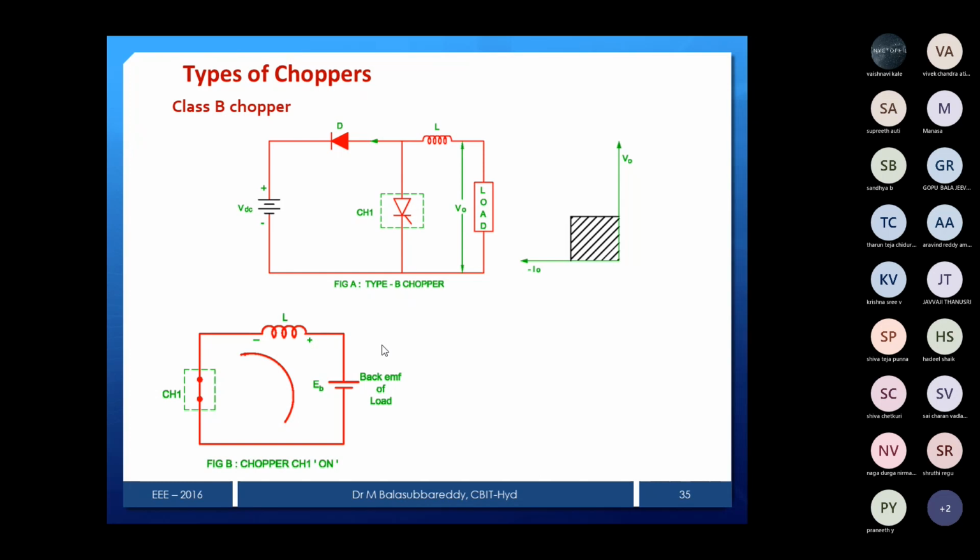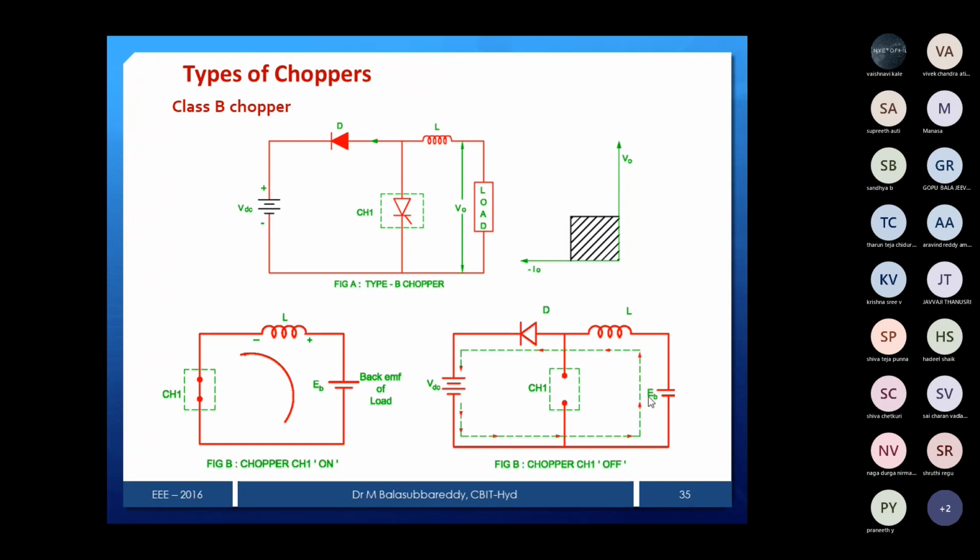And then whenever the chopper is off, it goes like this. This is the current direction. Then E_B plus L dI by dt is more than the source, so the voltage is the same as the source voltage.